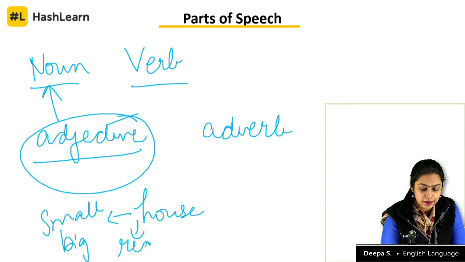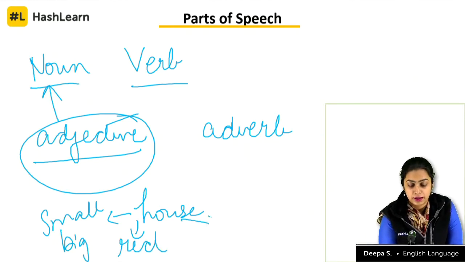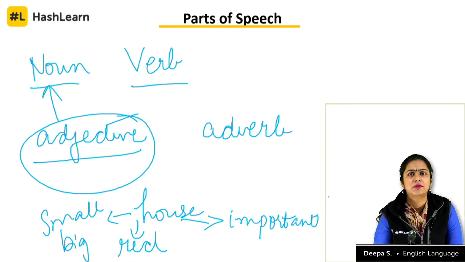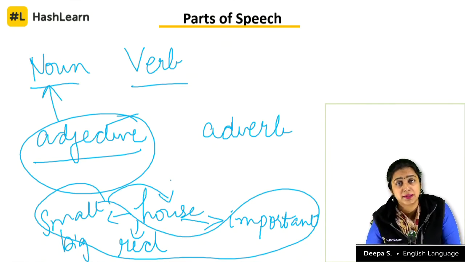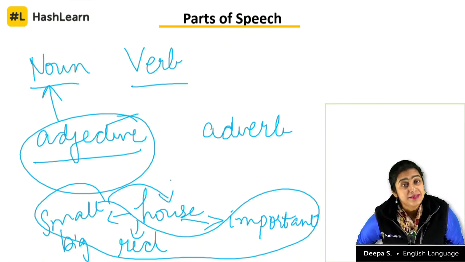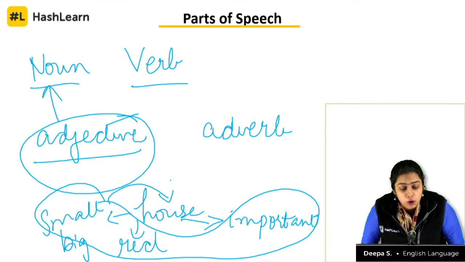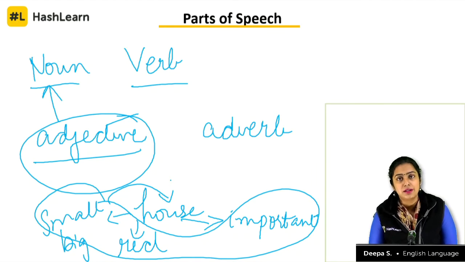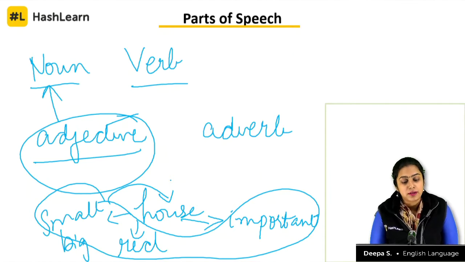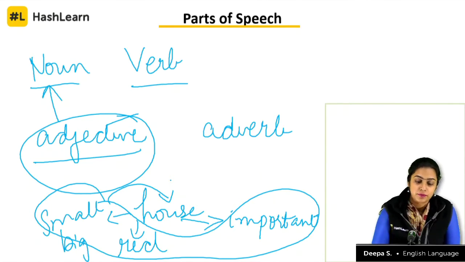Then I can say it's a red colored house. Then I can say it's a very important place in my life. All of these words describe the house, and also remember that they are optional. You can still create a sentence without these adjectives. They give you additional information. Got it? So these are adjectives.